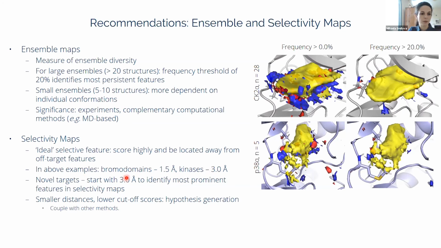So the recommendation for using this on a novel target would be to start at the high end to identify really the most prominent features, and then using smaller distances or lower score cutoffs again would need the caveat that there is less certainty involved, and it would be especially important to also use complementary methods.